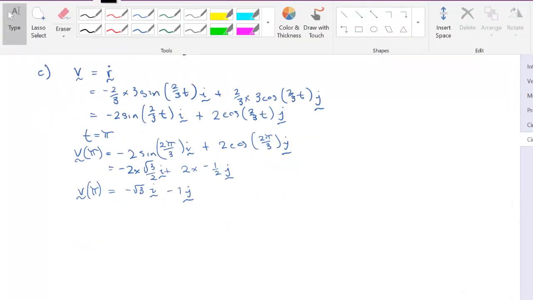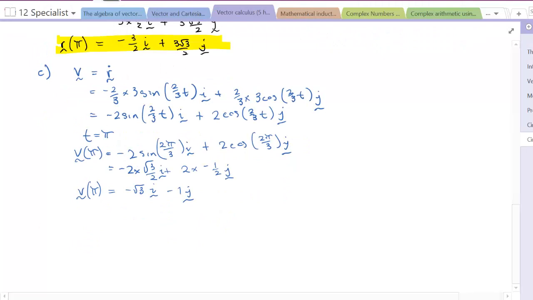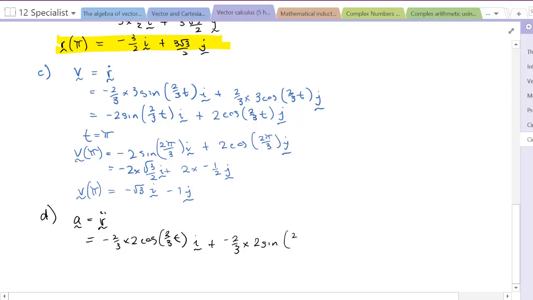The final question is looking at acceleration. With acceleration, we're saying the acceleration vector is r double dot, so the second derivative. So we're taking the derivative of the velocity vector, and we can say that is -2/3 multiplied by 2 cos 2/3 t in the i direction, and -2/3 multiplied by 2 sine 2/3 t in the j direction.